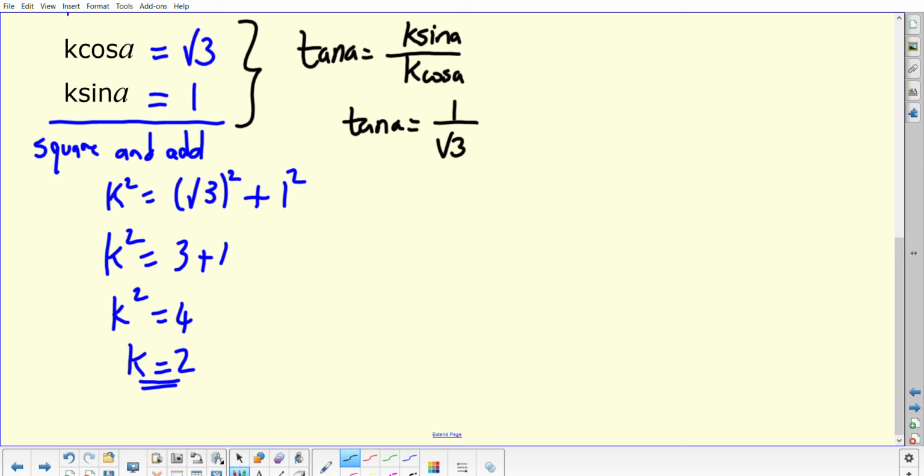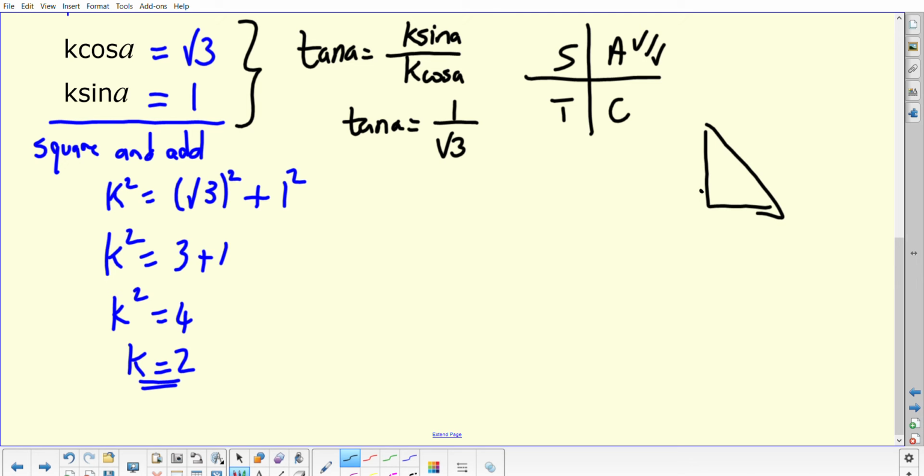And from looking at all three equations here, the 1 and the cos, 1 and the sine, the 1 and the tan, they're all positive. So that would tell you that the angle A that you're looking for would be in the first quadrant. This is, remember, non-calculator, so I would expect you to recognise the 1 over root 3 as one of your exact values, and in fact it comes from the 60-30 triangle. So you're looking, remember, for the tan of what angle, and that is opposite over adjacent.